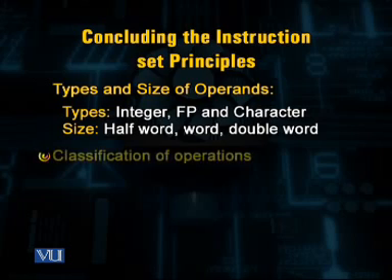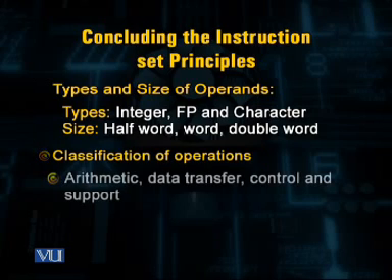Then we took into consideration the classification of operations, where the operations can be classified into four distinct areas: the arithmetic and logical instructions, the data transfer instructions, the control instructions, and then some support instructions.